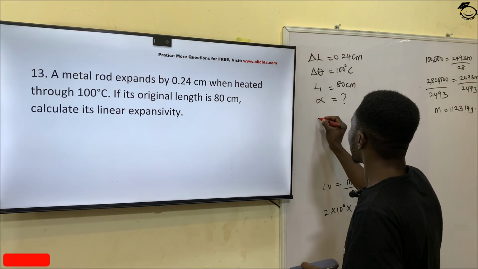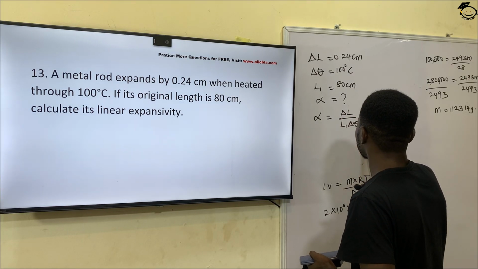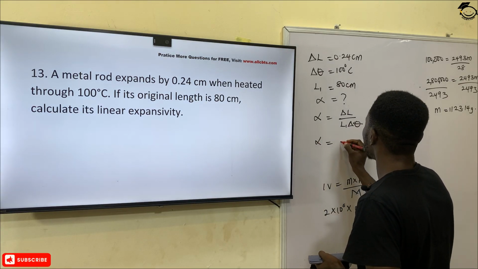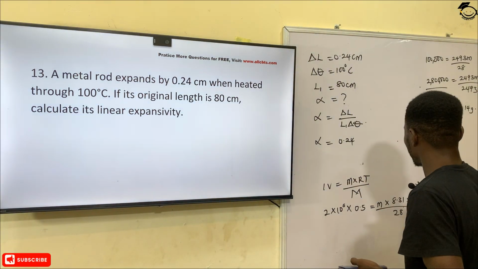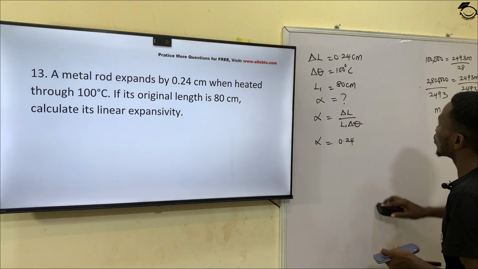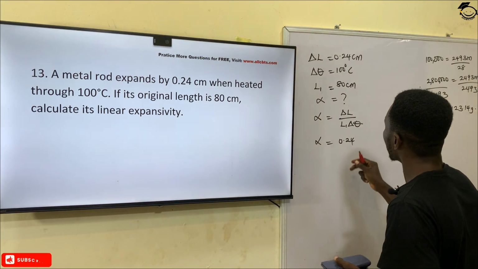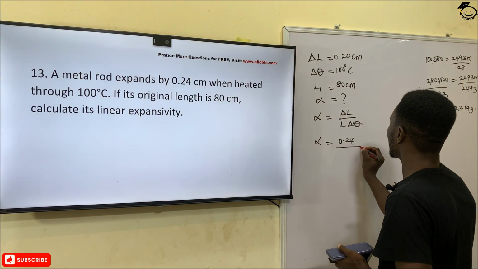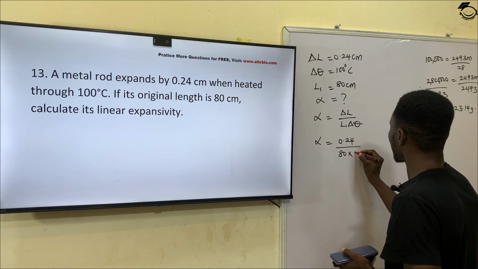We do not know alpha, but we know that alpha is equal to change in length all over L1 times change in theta. So my change in length here is 0.24. There's no need to convert your centimeters to meters because I am dividing also by centimeters. So the centimeters cancel out at the end of the day, hence your alpha does not have the unit of meters in it. So I have 0.24 divided by 80 times my change in temperature, which is 100.